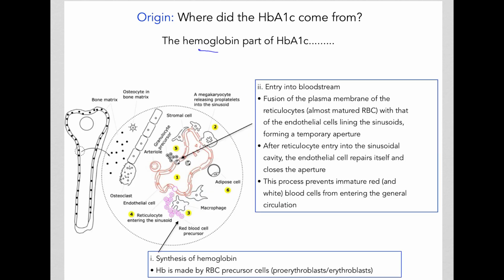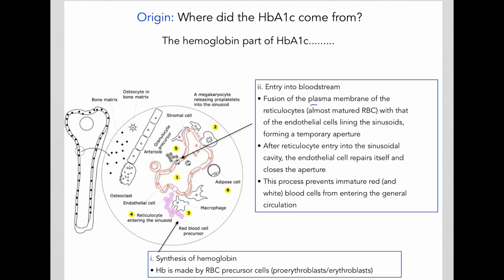The hemoglobin part of A1c is synthesized by red blood cell precursors such as the pro-erythroblasts as well as the erythroblasts. So these precursor cells synthesize hemoglobin, and they will differentiate into reticulocytes.